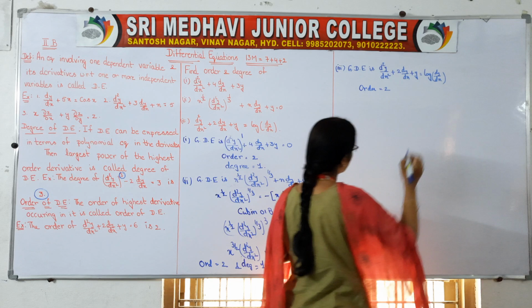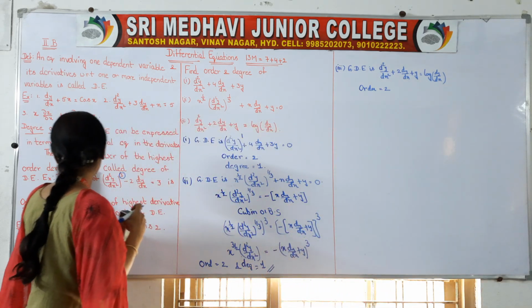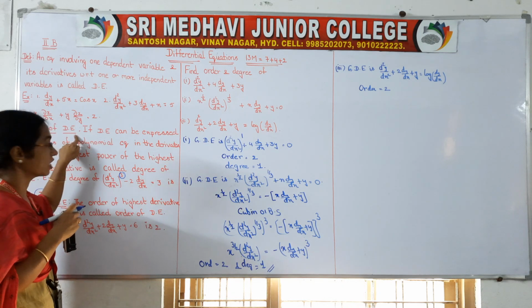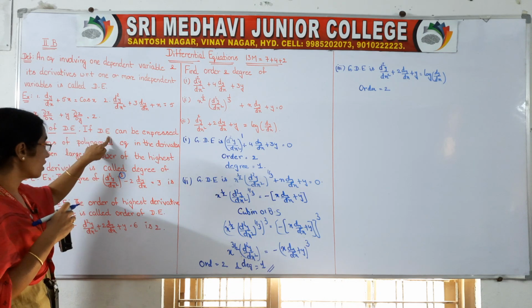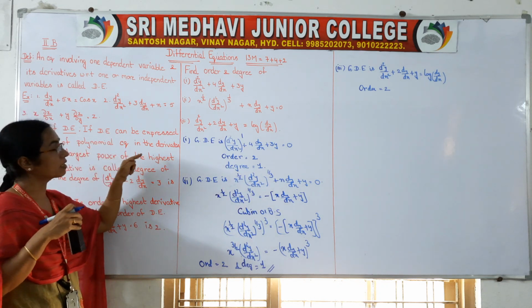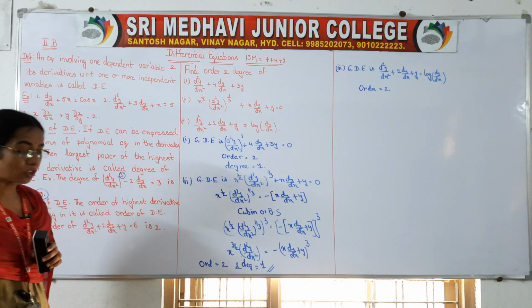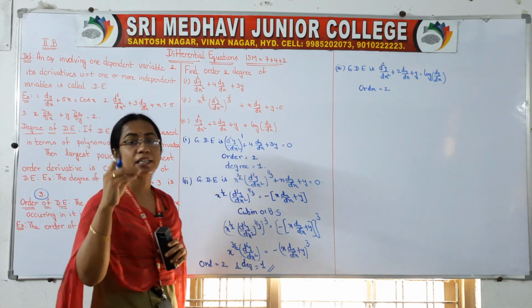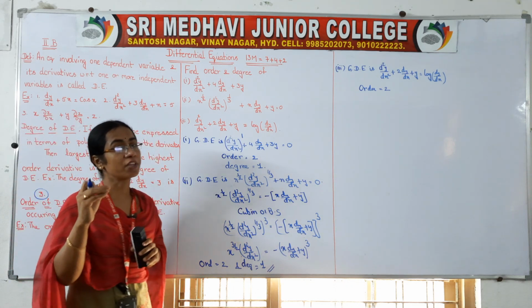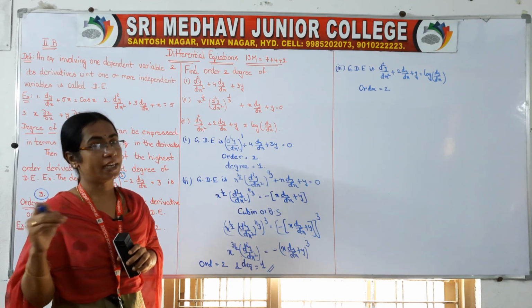Right. Now come to the degree. While giving the definition of the degree of a differential equation, we said that the differential equation should be expressible as a polynomial equation in the derivatives. That means all the derivatives should contain the power, right? Then we can say that it is a polynomial equation in terms of derivatives.